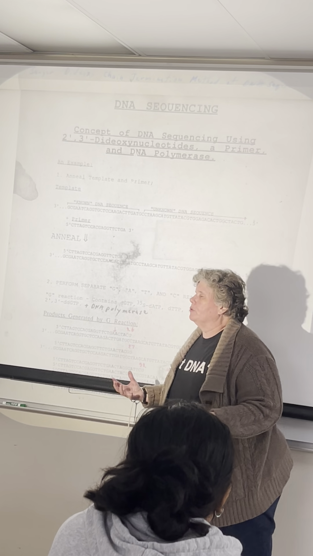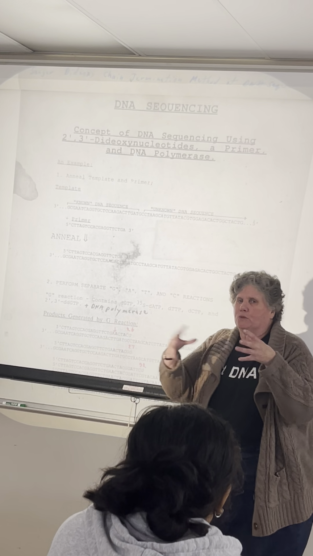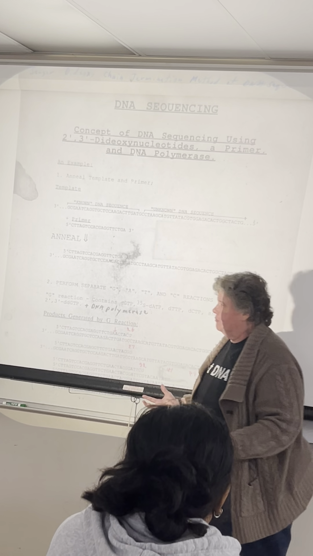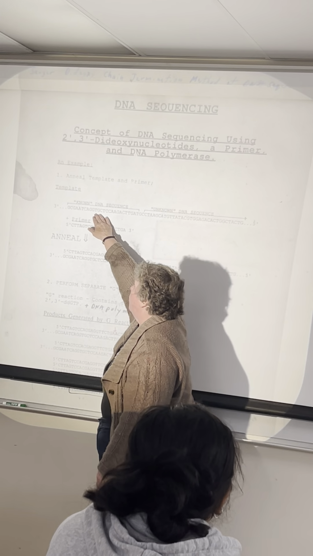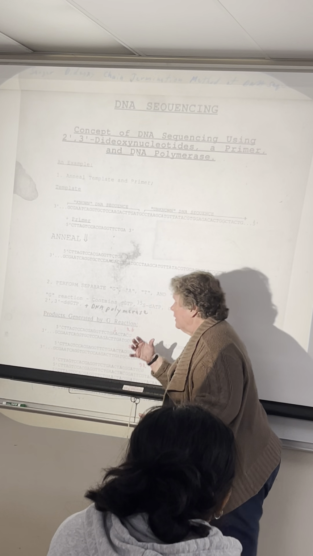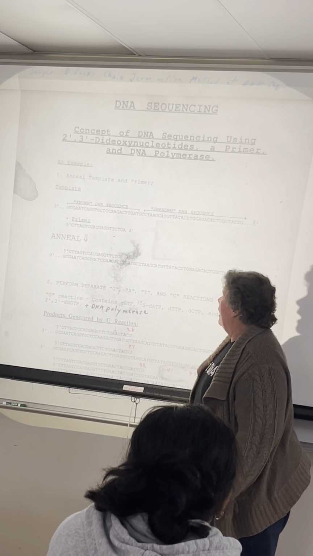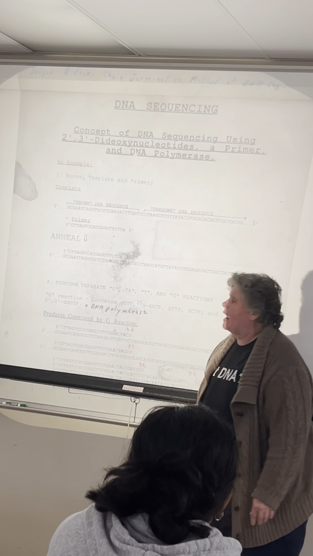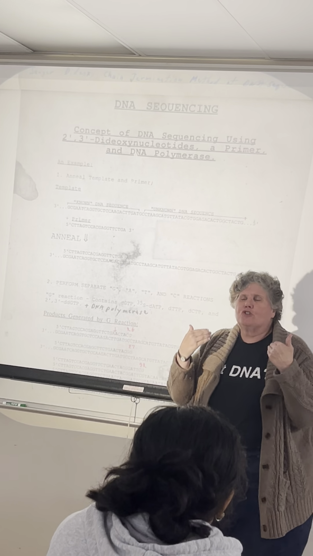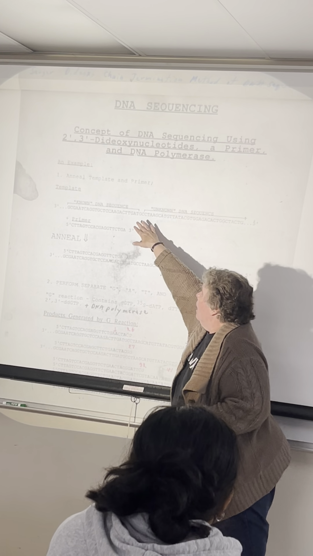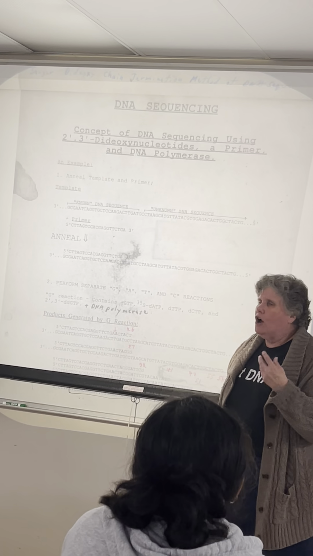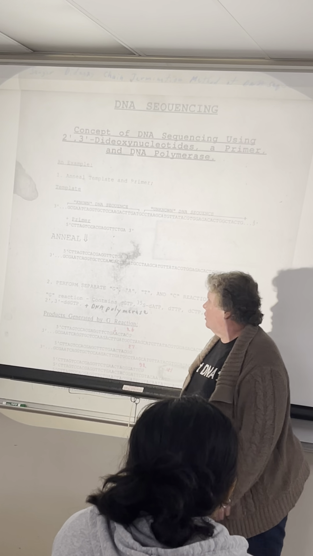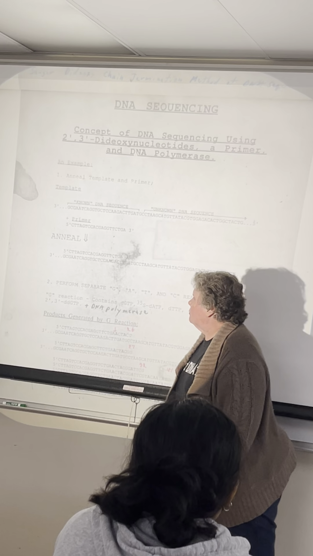But in this case, generally you're sequencing something that's maybe been put into a plasmid, and if it's in a plasmid, you know the sequence of the plasmid, for example. So you're going to have a known DNA sequence that's next to your area that you need to get sequenced, and because you know the sequence, you can make a primer that is going to bind to a sequence specific to that known DNA sequence. And you can design any primer that's going to fit that known sequence. And you anneal them together.